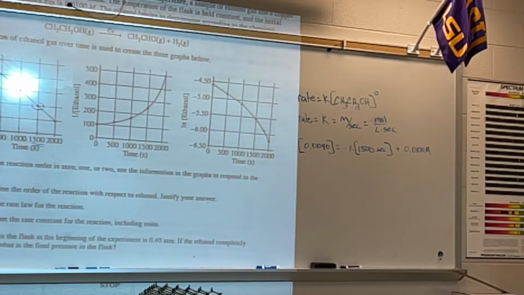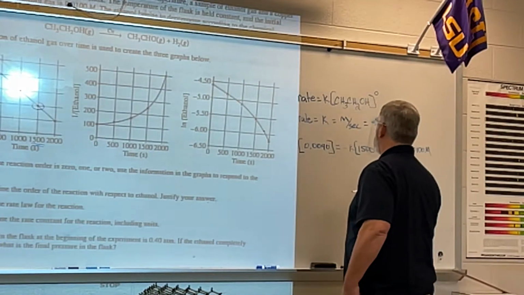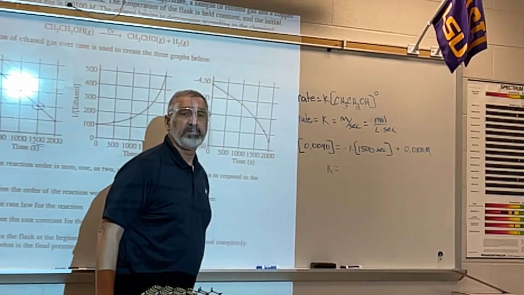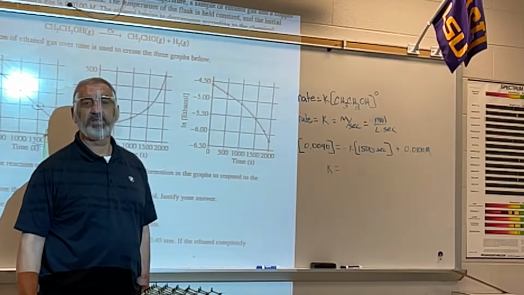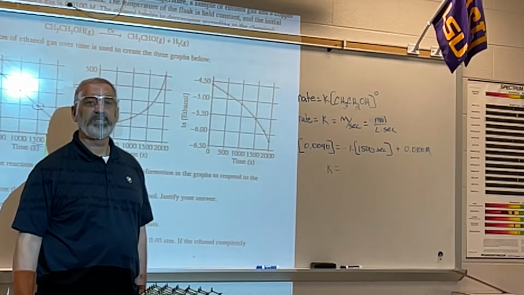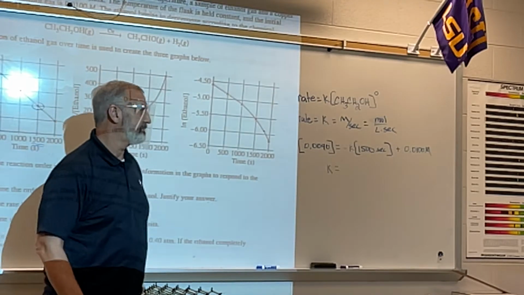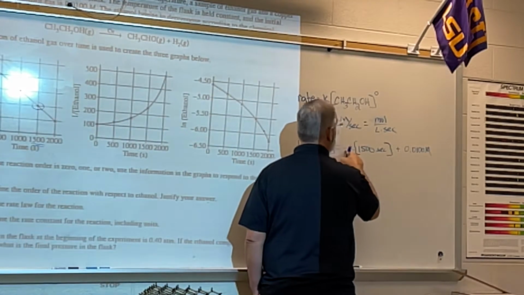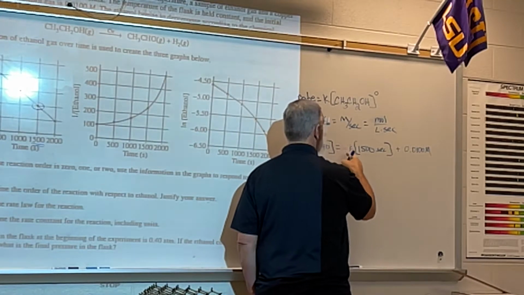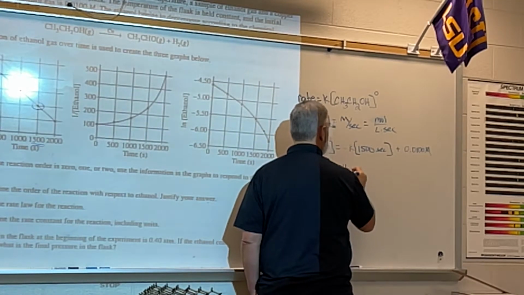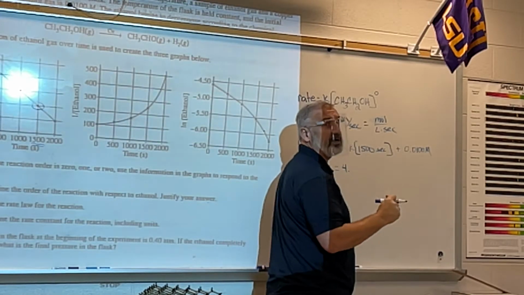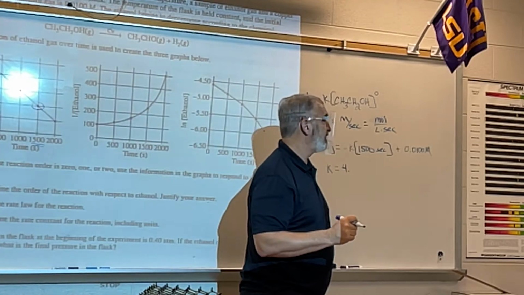And what does that come out to? Anyone? Negative 4.0 times 10 to the negative 6. But we're going to take the negative of that, so it's just going to be the positive. k is always positive.